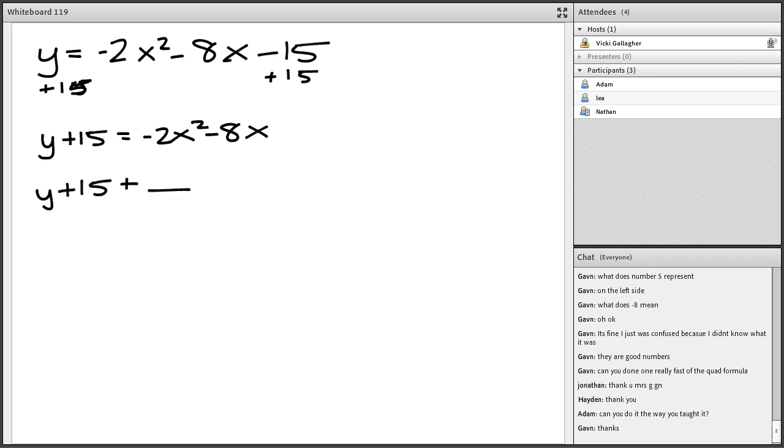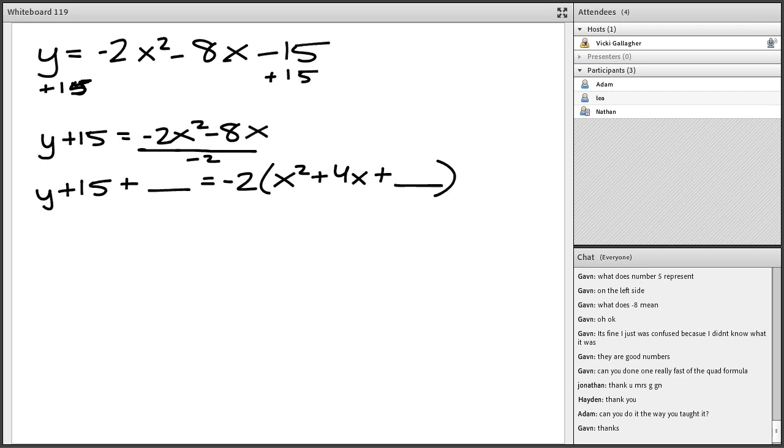So now I'm going to put a blank. I'm going to factor out just the -2, so I'm not factoring out a GCF, just factoring out the number in front of the x squared. And just like on the previous problem, that means I'm dividing this by -2. So this will become 1x squared plus 4x. And then when I put in this blank, I want it to be inside the parentheses.